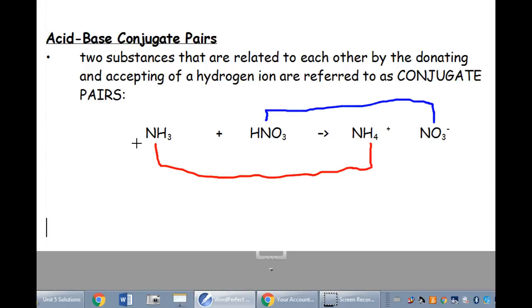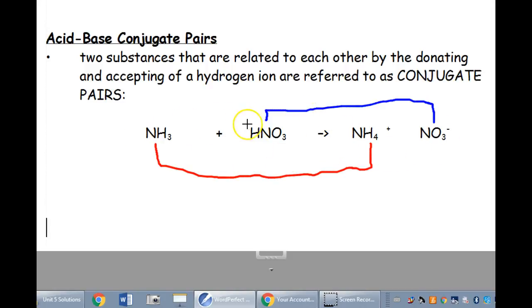All right, so when I look at this question, once I've figured out what my acid-base conjugate pairs are, the easiest way for me to figure out which is the acid and which is the base is by looking at what happened to the proton from the start of the reaction to the end of the reaction.